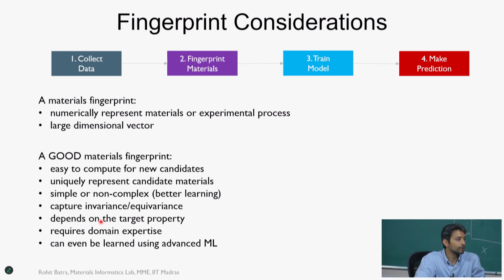And then whenever you are designing a fingerprint, think of the underlying mechanism. Ultimately, what your model is doing is mapping your fingerprints to the output property. So if you are able to capture whatever the underlying mechanism is, you need to map it to the target property.